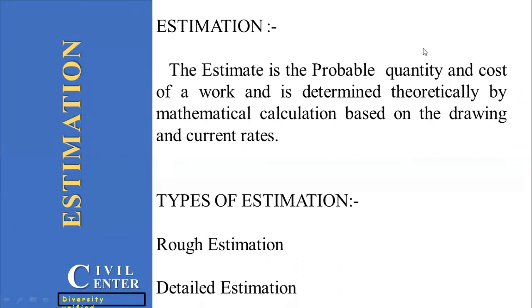So friends, that was the bookish language of what is estimation. Estimation basically gives an idea of the cost of work, time required for the completion of work, and estimate decides whether the proposed plan matches the funds available or not.